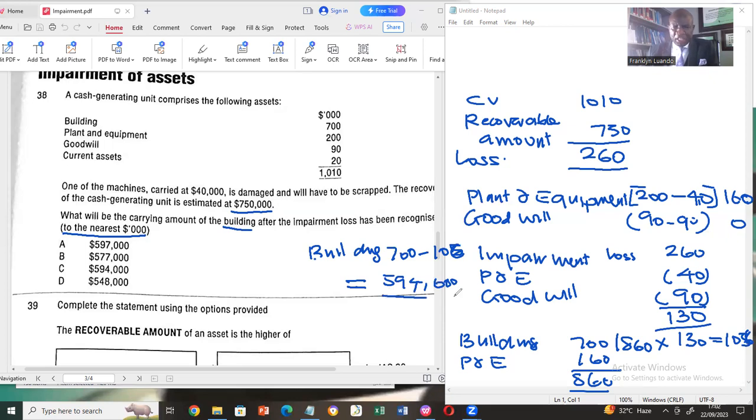So this will be the value after the impairment. And the correct answer there will be 594,000. So we have done the allocation of impairment loss in the cash generating unit.